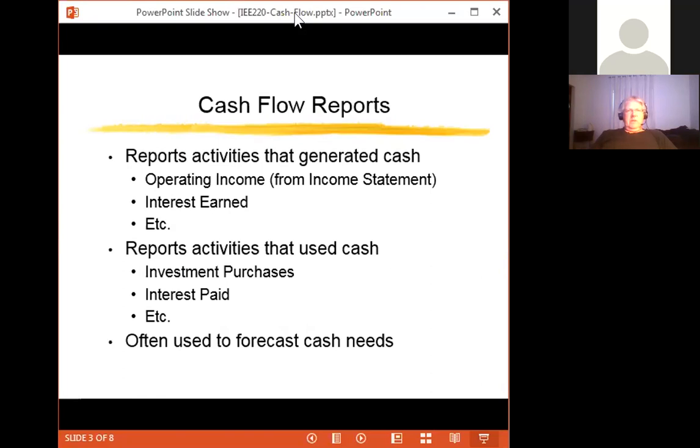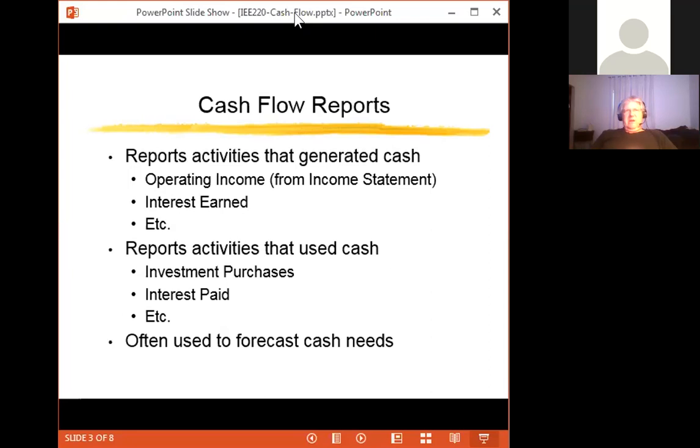We also look at, in the cash flow report, what activities use cash. Did we purchase that equipment? Did we pay interest on our loans? Generally speaking, the day-to-day bill paying, payroll, taxes, etc., is embedded in the operating income.